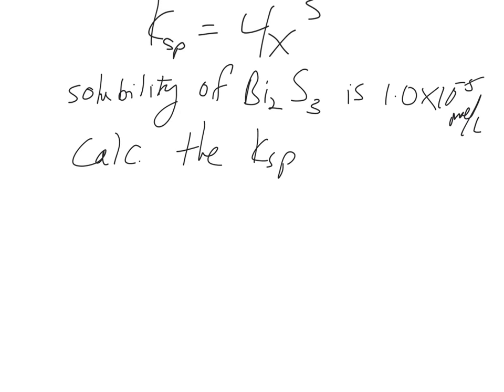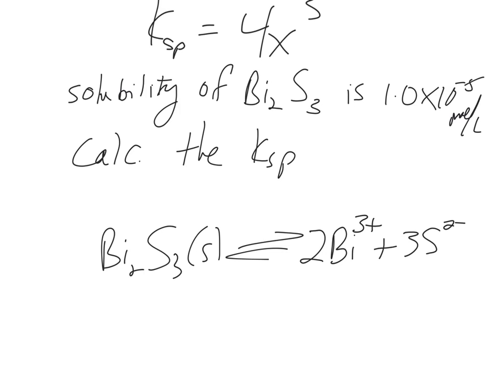So a problem like this would be fairly simple. You're given solubility. Again, what is solubility another name for? X. And they're giving you the x, so they're saying calculate Ksp. So you write down your equation that would represent something that is correctly electrically neutral.